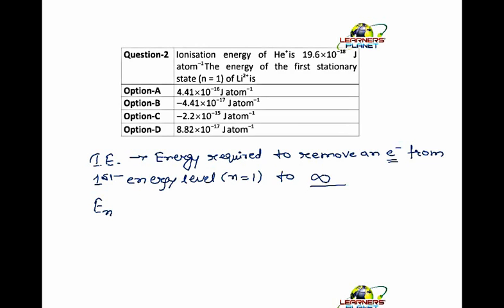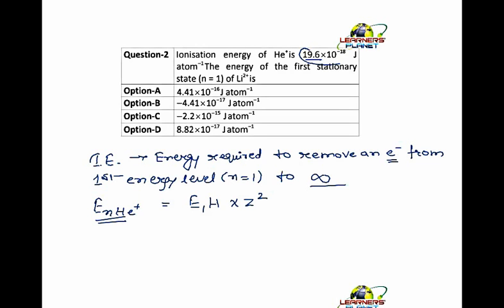Now the energy of anything, that is if I take up helium plus, is equal to the energy of the first level of hydrogen multiplied by Z square, right? Now this energy we are provided with. It means this much amount of energy is required to remove that electron from the first energy level.